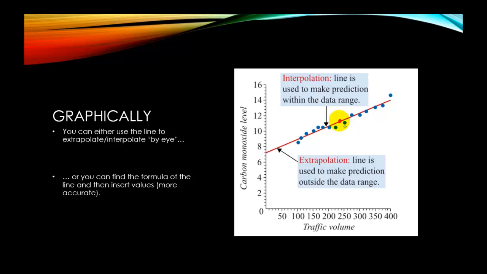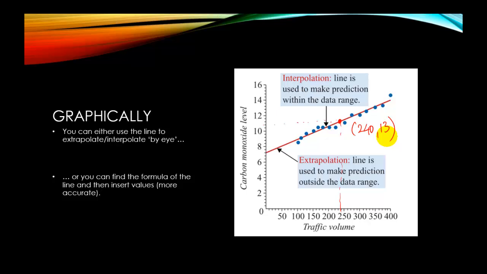And I could draw a straight line across here, and a straight line down here, and say that when the traffic volume is 240, then the carbon monoxide level is going to be about 13. 240 and 13. Now, that interpolation, because I'm predicting within the range of data, would be considered reasonably accurate.